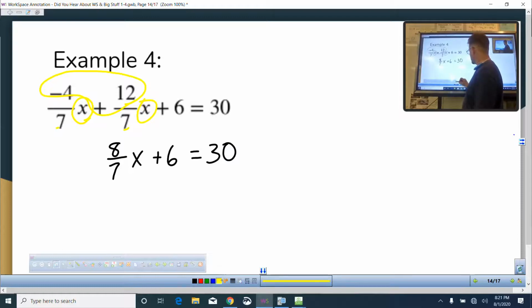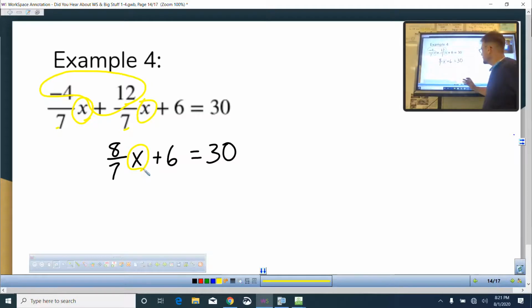Okay. We still got this issue of this x, and the 8, the 7, and the 6 all have to go away to get things going the way we want them to. Okay? So I could deal with any of those legally. Can do any of them I want to. But I think the 6 will be our best one first.